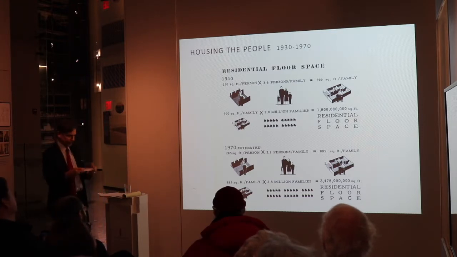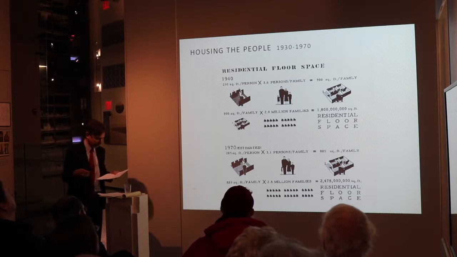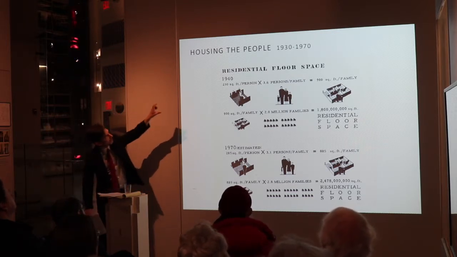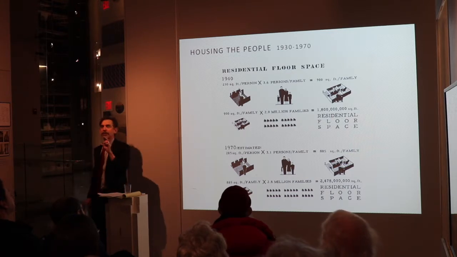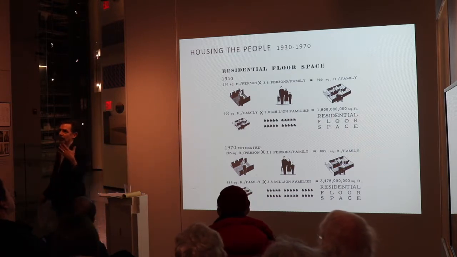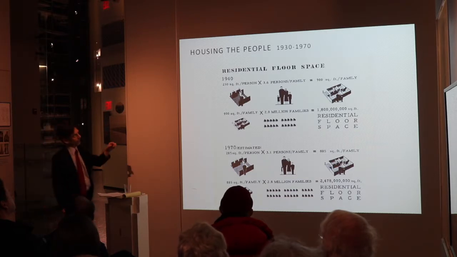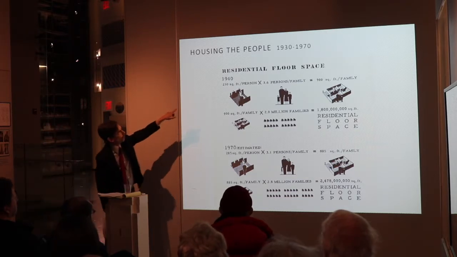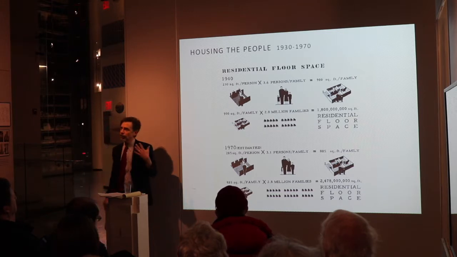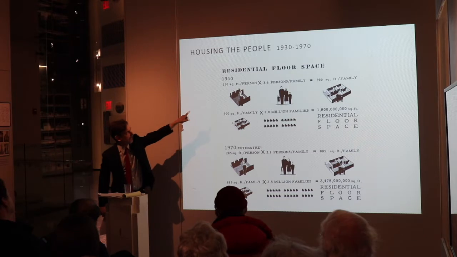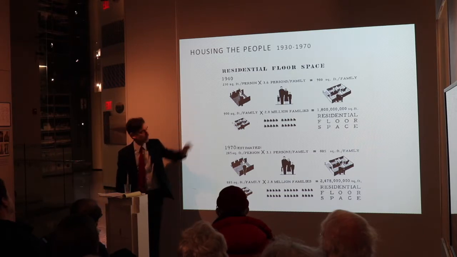This image is from 1950. Interestingly, it shows the amount of floor space that was considered to be a minimum in affordable housing. We see that in 1940, it's considered that each person needs 250 square feet, but the family size is relatively large.